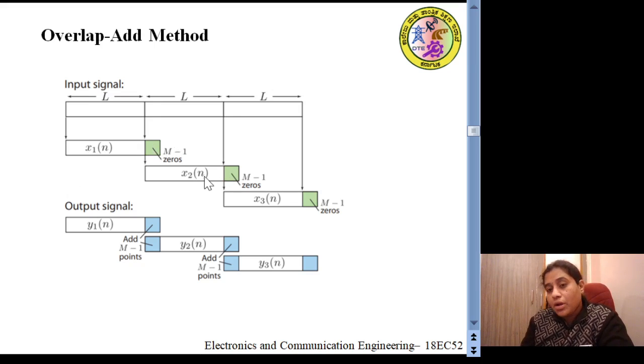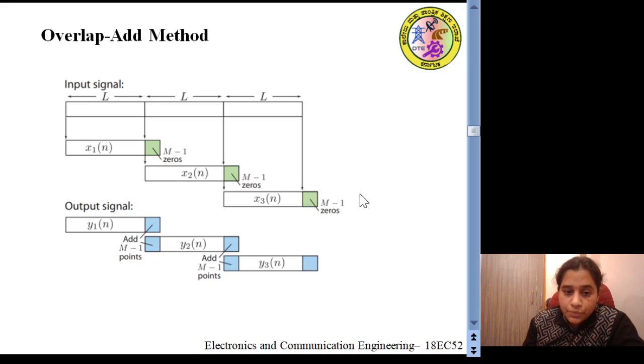Similarly, the second block starts after those L values; we take the next L values and append M minus 1 zeros so that the second block also has length N, equal to L plus M minus 1. Similarly, x3 also has L samples from x of n and M minus 1 appended zeros.